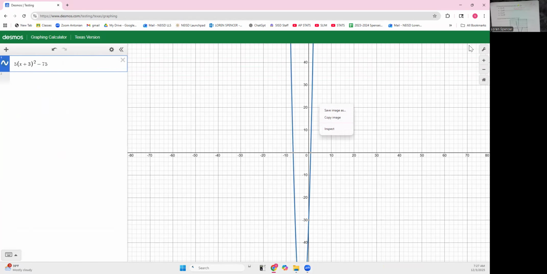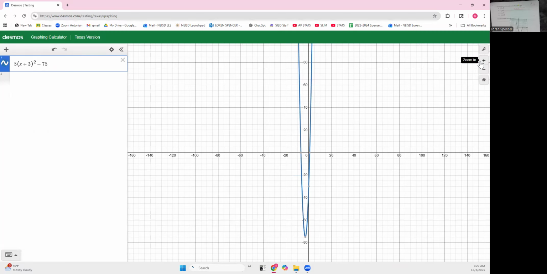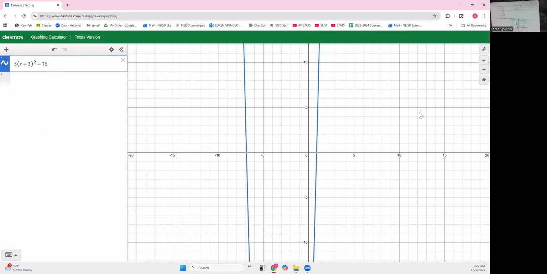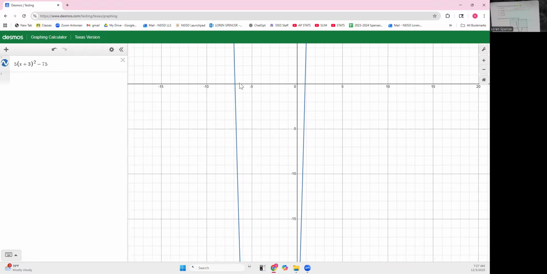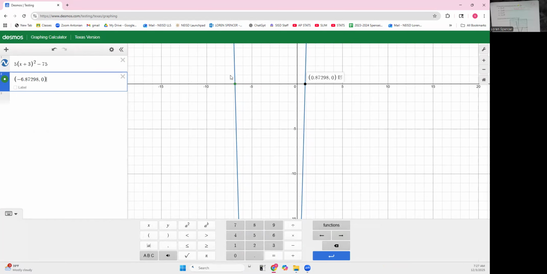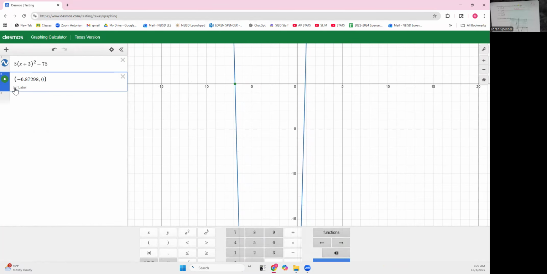Okay, so they asked for the solutions. Solutions are these 2 points right here. That's where they cross the x-axis. So I'm going to go ahead and have those points labeled.